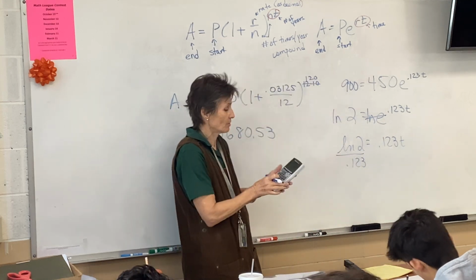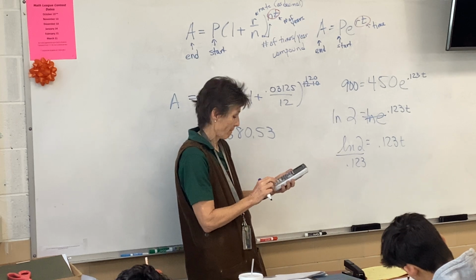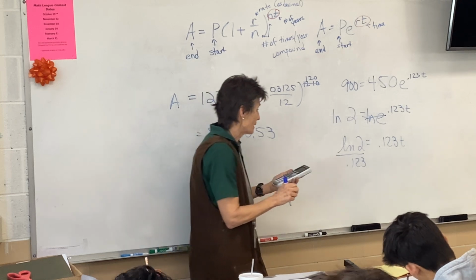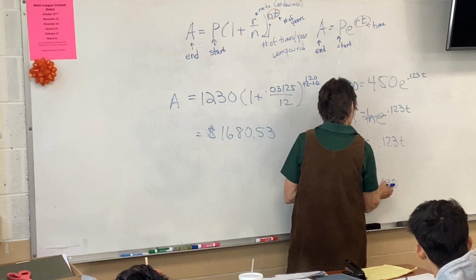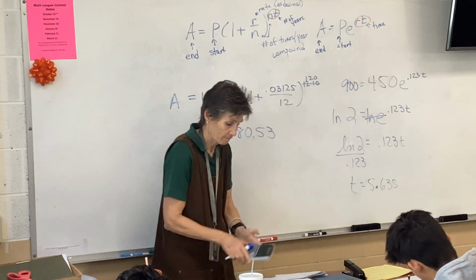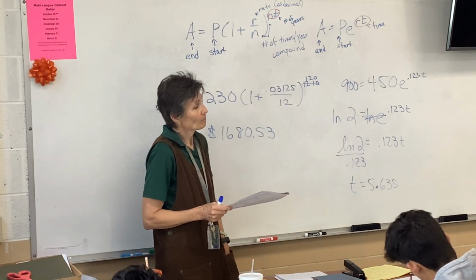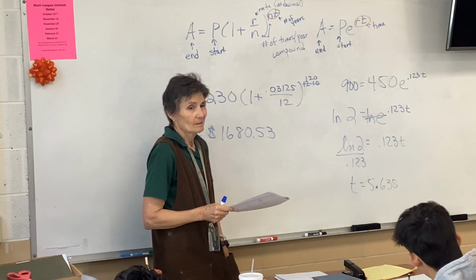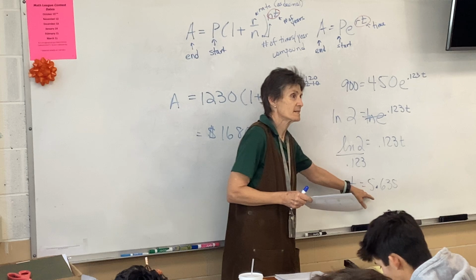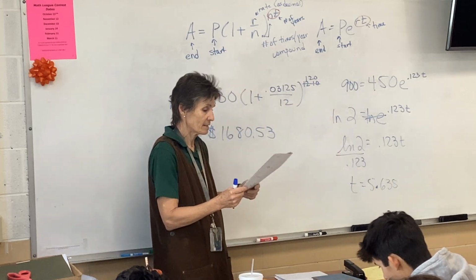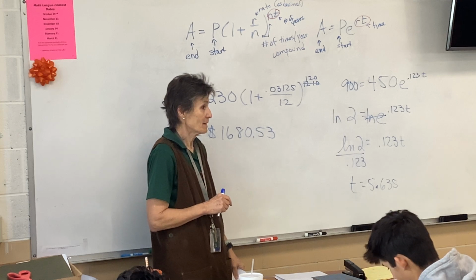So I think it's quicker to do that than graph in this case. Did you get 5.635? If the problem writer had put a clue in the problem, like years or months, that would be a time. Is that all right with everybody?